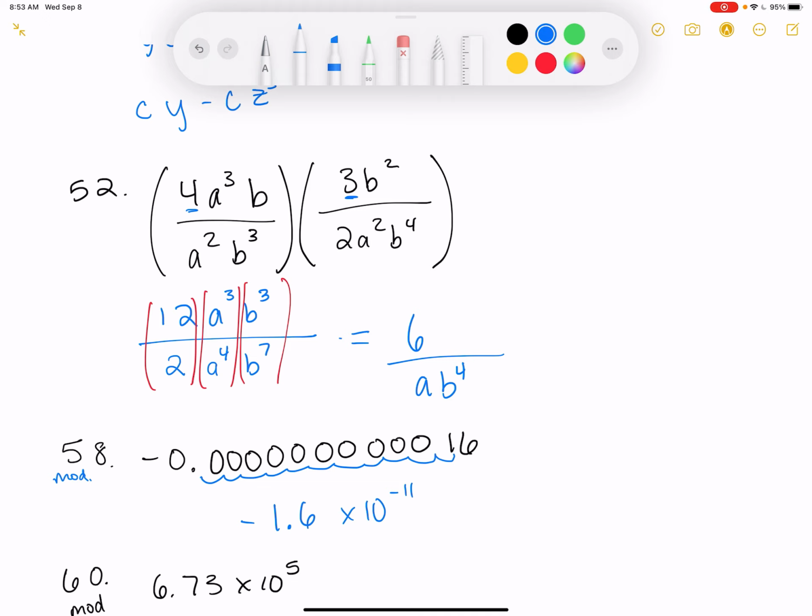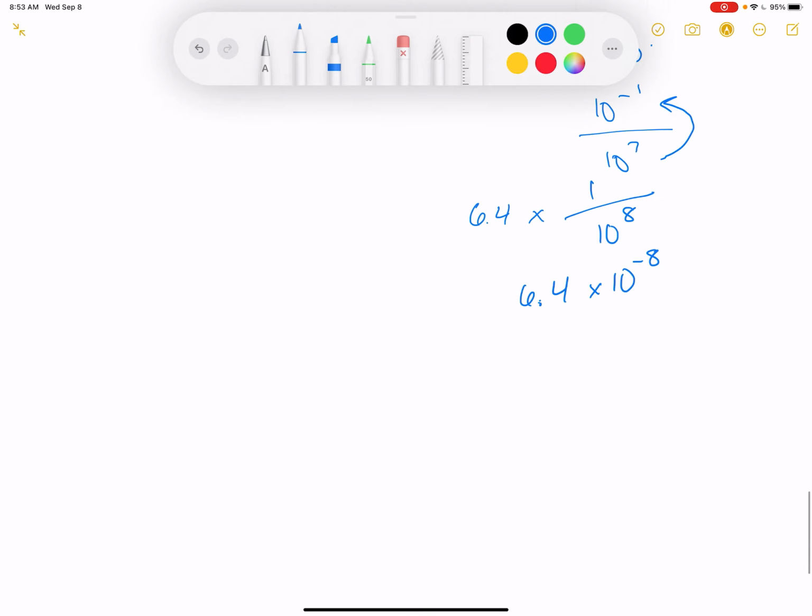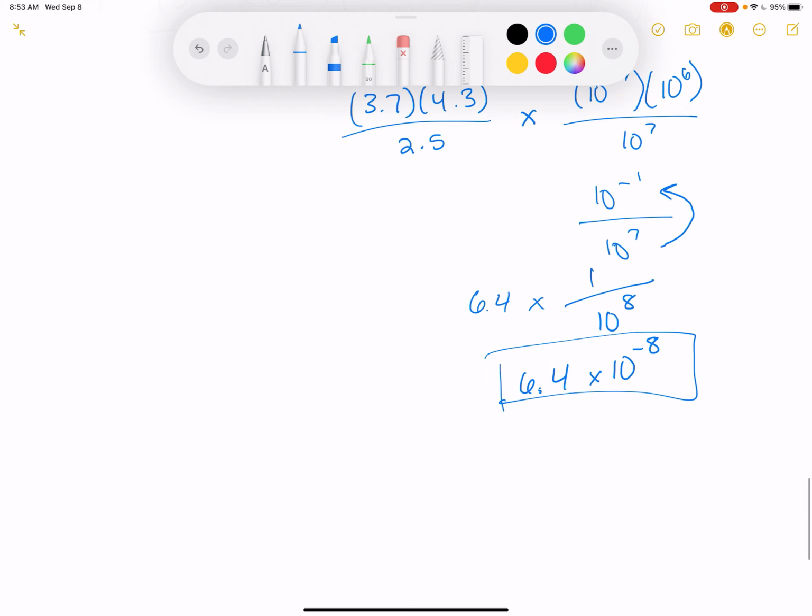We don't want negative exponents unless it's scientific notation, because obviously this is telling us that we're moving it to the left. That's the only time negative exponents are okay. Now, if you left it as this right here, I would also accept that. Technically with scientific notation, negative exponents are okay. That's the one time we can have those.